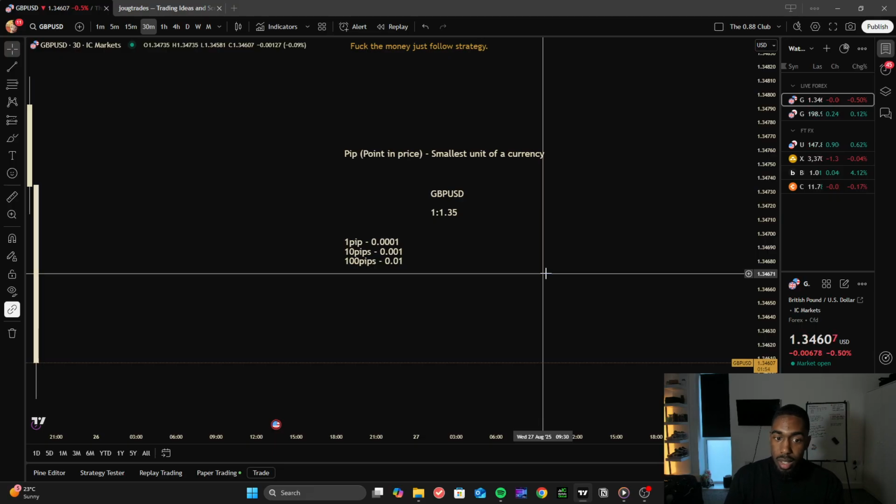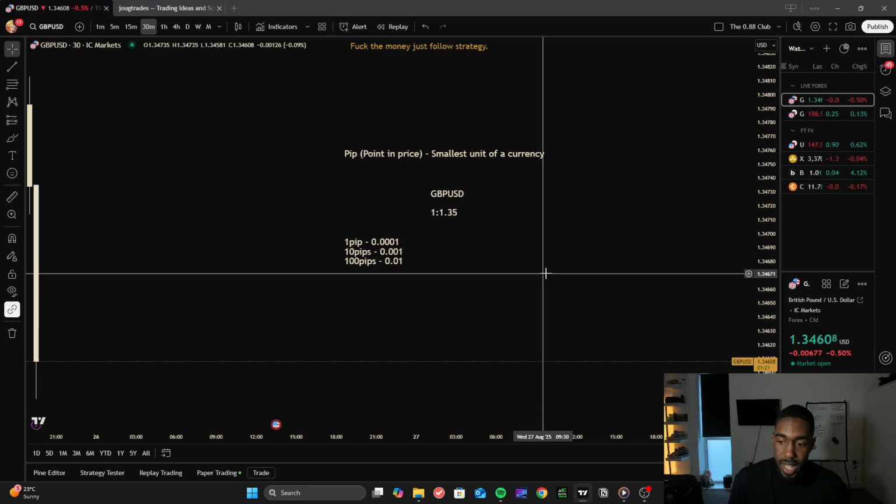So it might increase by a pip or a few every second. They're increasing by very, very small numbers, right? And a pip is basically a term that traders use to quantify that small change in price, or that small unit of price. And it's very general in the trading space. Everyone knows what a pip is.